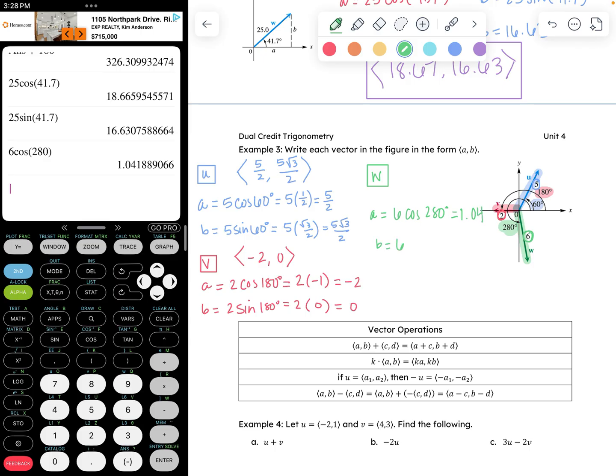For B, I'm going to have 6 times the sine of 280 degrees, and that gets me -5.91. So I'm going to have 1.04 and -5.91. And there are my vectors in my A comma B form.